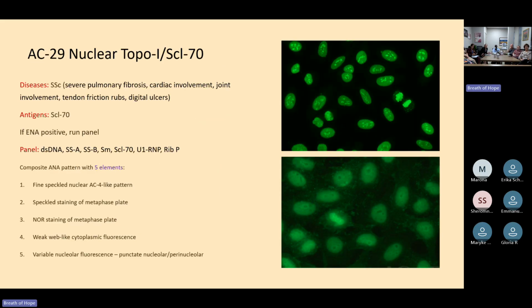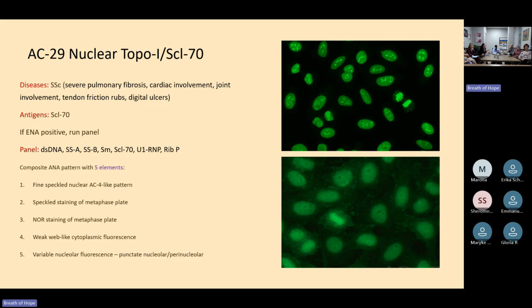All right, the next one is called AC29 or topoisomerase 1. The other name for it is Scl70. So you can see there's two different forms of them. I'm not going to go into big detail, but once again, your metaphase plate is positive, and then you have these nucleoli that you can see in the interphase cell. If we see this and our ENA screen is positive, we do what we call panel 1.